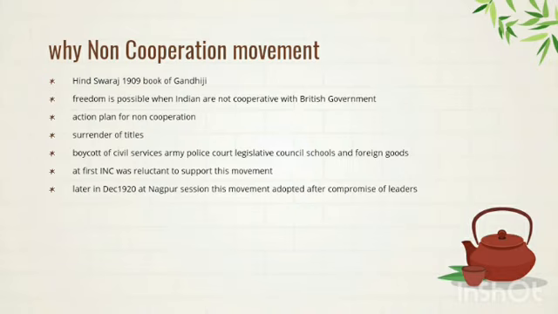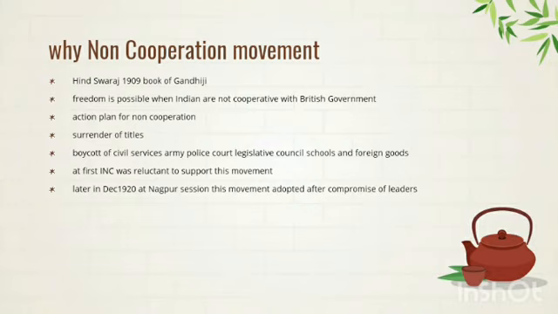So Gandhi took the following measures. First, he insisted that the movement had to begin with surrender of titles, honors and honorary posts given by the British. Second, he planned to boycott the civil services, army, police, British courts and legislative assemblies, even schools and colleges, and British goods.